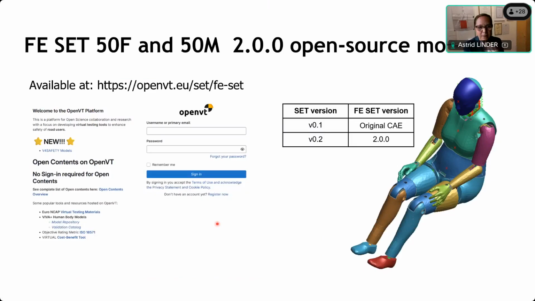As I said, the FE sets, the average female and the male, will be available soon at the OpenVT, and you can hear more about the testing with the sets in a short communication at IRCOBI, work that we have done together with TS Tech, and also hopefully you can hear about the development of the FE sets. So with that, thank you for your attention.